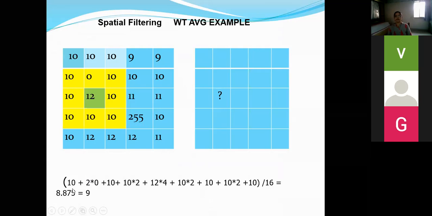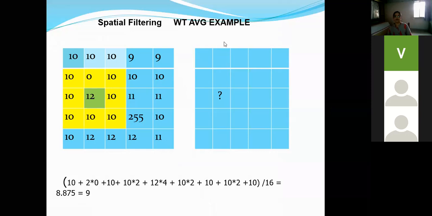Now, as this 8.8 is closer to 9, you have to consider the new pixel value as 9 and not 8. Because the result is 8.8, if we round it to the nearest integer, it becomes 9. So 9 is the new value for this position. Okay, so here you will get 9.